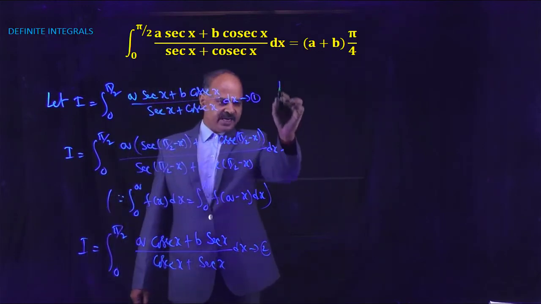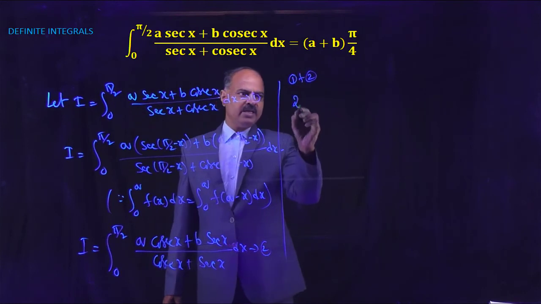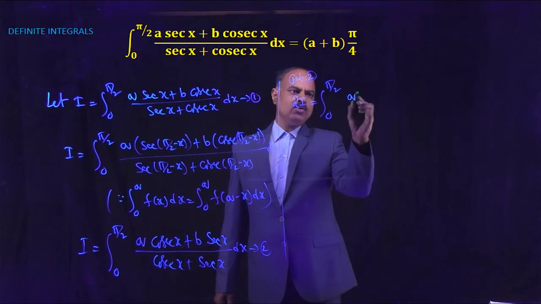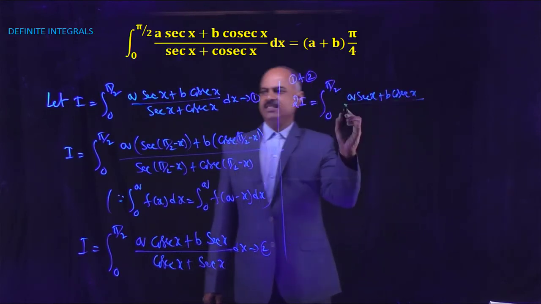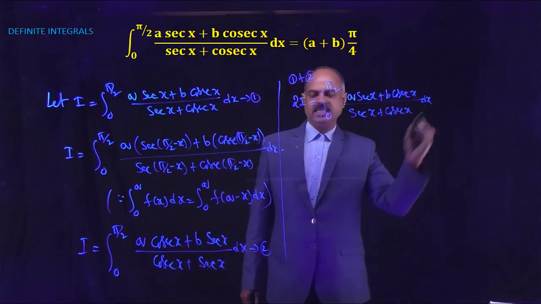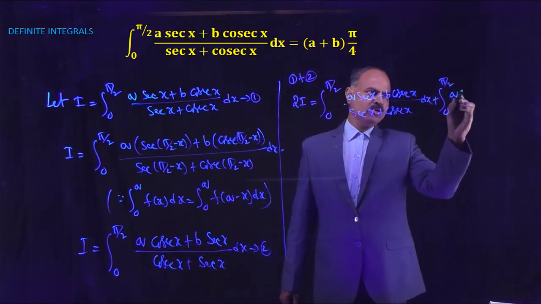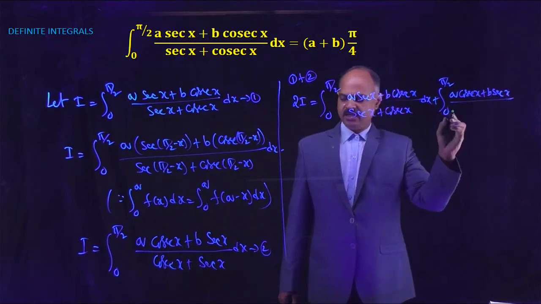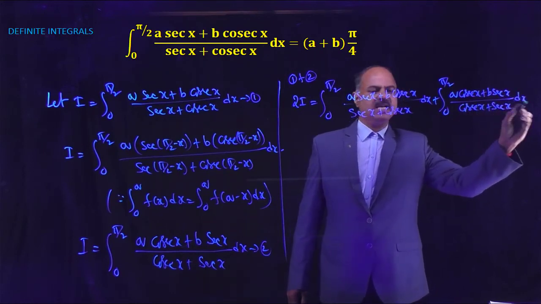Now adding 1 and 2, we get 2I equal to the integral from 0 to pi by 2 of (a secant x plus b cosecant x) by (secant x plus cosecant x) dx plus the integral from 0 to pi by 2 of (a cosecant x plus b secant x) by (cosecant x plus secant x) dx.